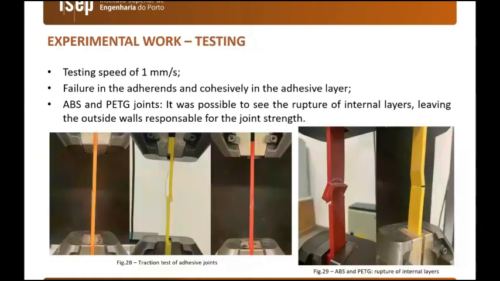The specimens were tested. The testing speed was 1 millimeter per minute in all cases. We had two types of failures depending on the geometry and material: cohesive failure in the adhesive layer, but also adherend failure, as we have two examples on the right, which takes place particularly at higher overlap length.